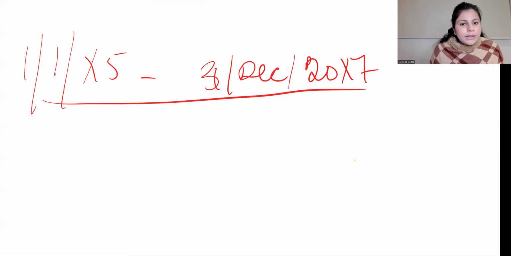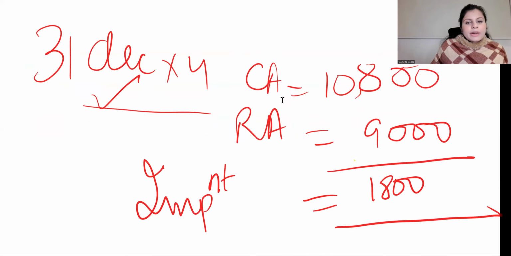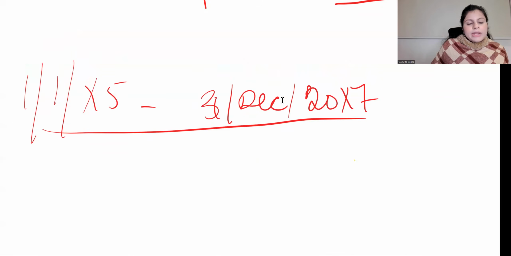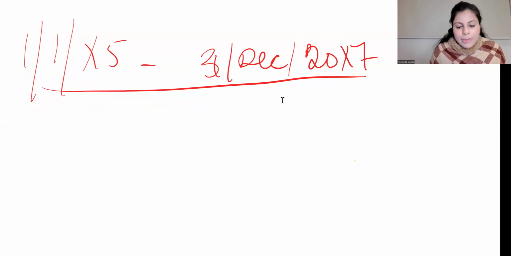What's the carrying amount on 31st December 2007? See, total life was 40 years. Out of 40 years, 4 years passed. Now after 4 years, how many years more have passed? 2 years more have passed. So total 6 years have passed. So what's the remaining life?